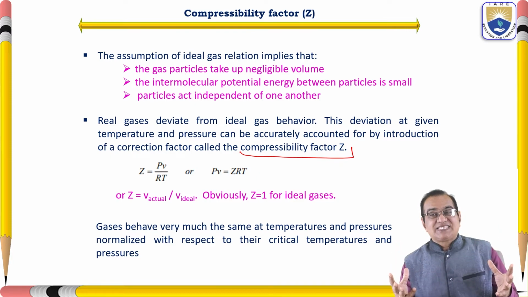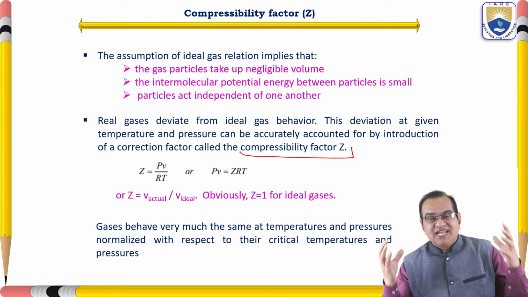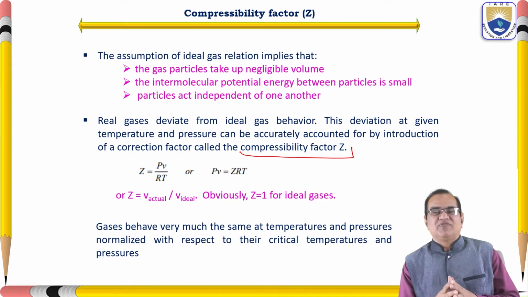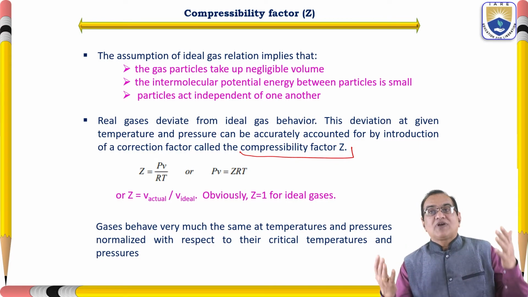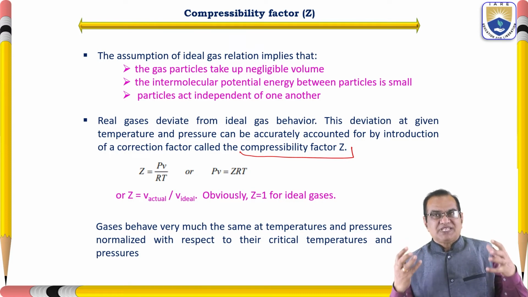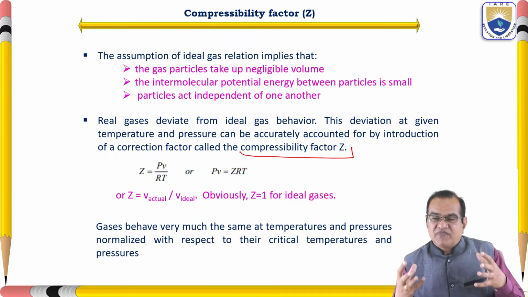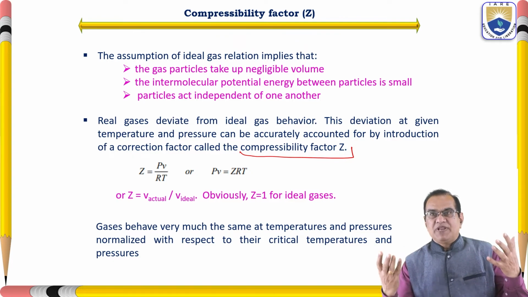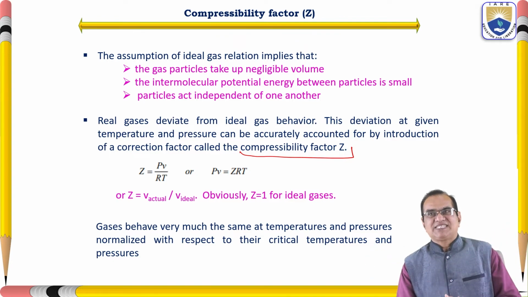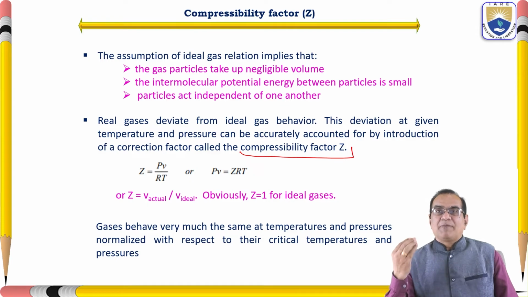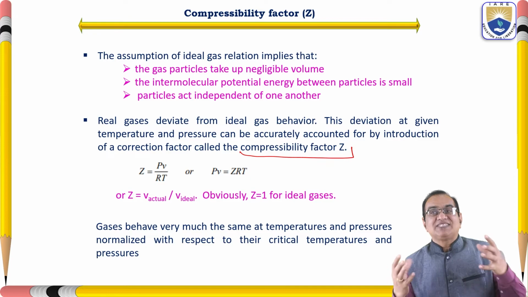In the real scenario, ideal gases are not available. But to calculate the pressure, specific volume and temperature of the different gases used, we have to apply a compressibility factor to make the result accurate.